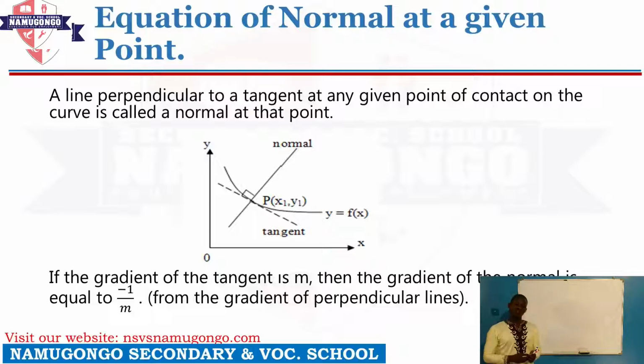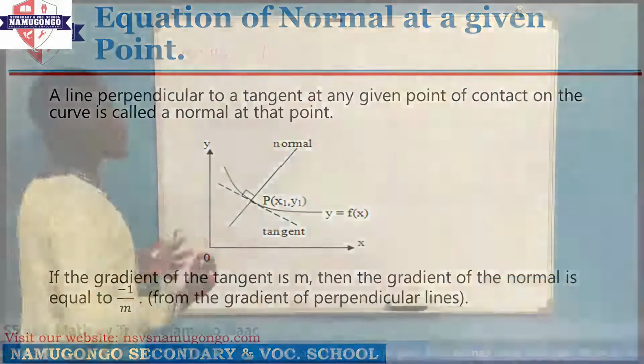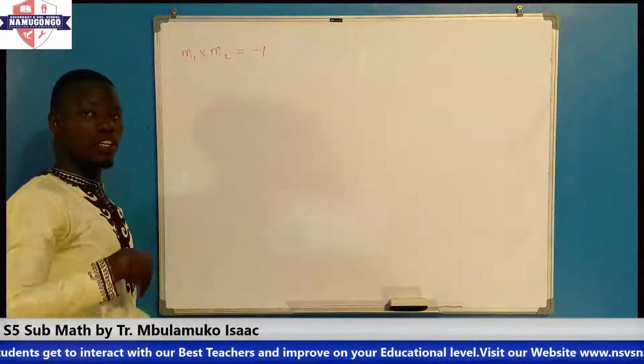This line is what we call the normal. Now, the idea I want to develop here is that when you get the gradient of the normal and the gradient of the tangent and multiply them, you will have -1. This is a rule that applies to two perpendicular lines.